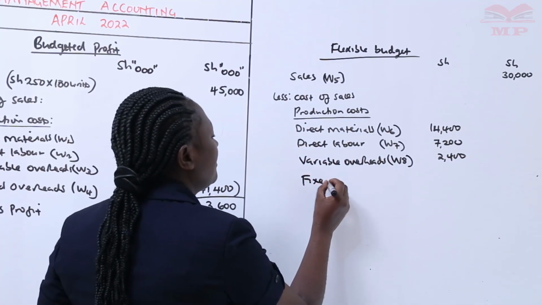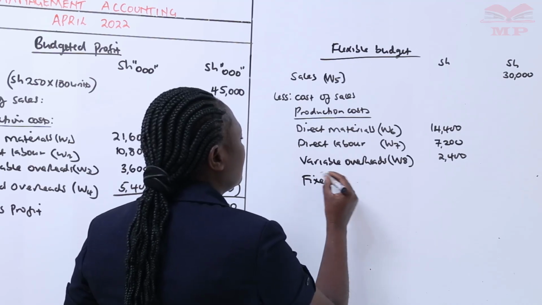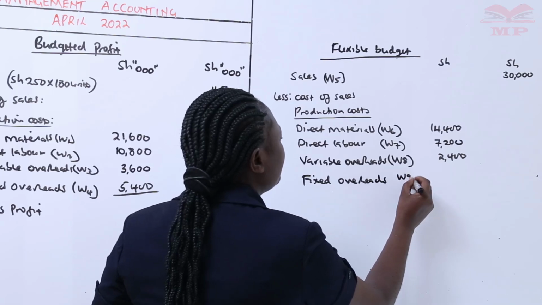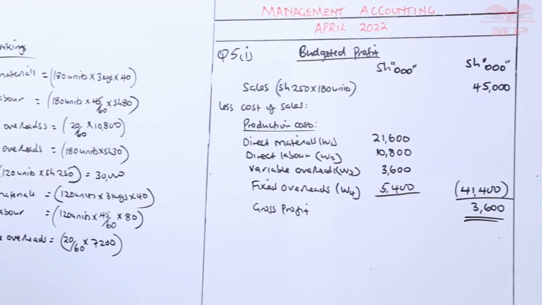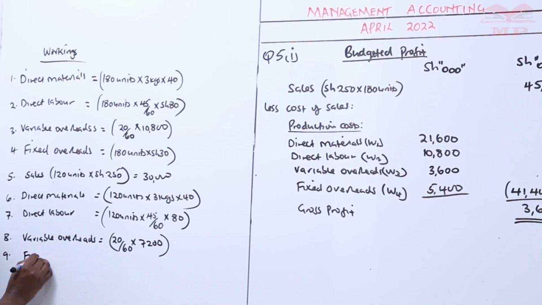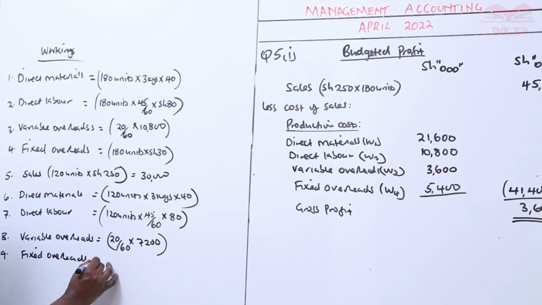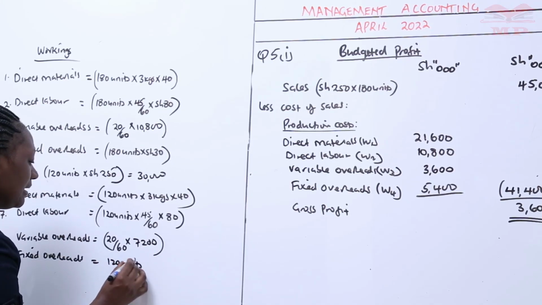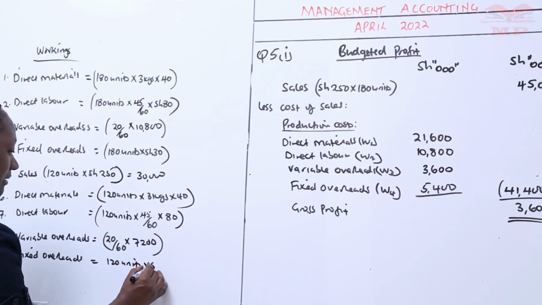Then we again show the fixed costs. Fixed overheads, which will be working number 8. This will simply be 20,000 units, and we multiply by the cost per unit, which is 30.